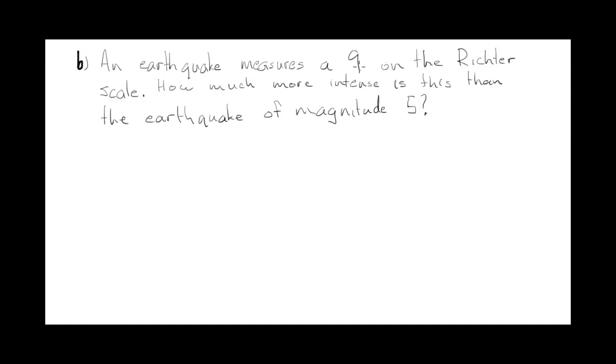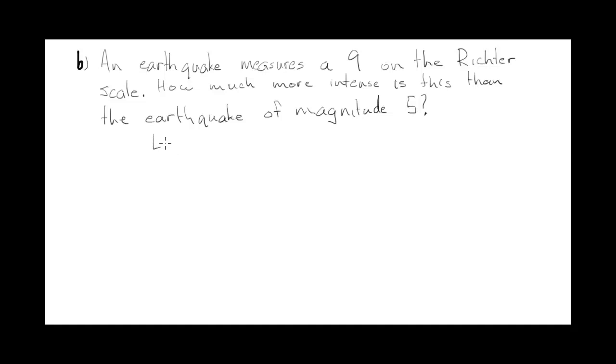If you look at it, this is 9, this is 5. It doesn't seem like that much. It's not even twice as big a number, but what you're going to see is that it's a significantly larger earthquake. So what we're doing is comparing the I values, how much more intense. So that needle, how much more is that needle moving back and forth?